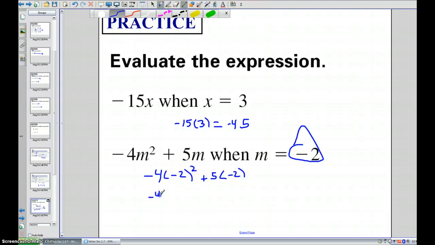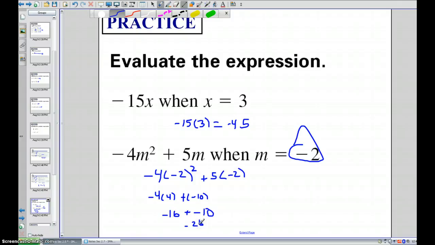So we have negative 4 times positive 4. And then we have positive 5 times negative 10. 4 plus negative 10 here. And now the problem just comes down to, well, negative 4 times 4 would be negative 16. And then negative 16 plus a negative 10 will actually give us, now we're going to go back to some of our addition rules, negative 26.